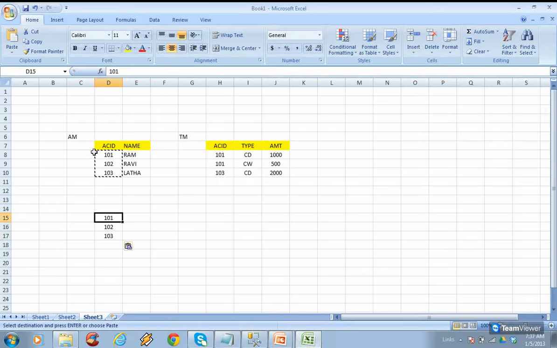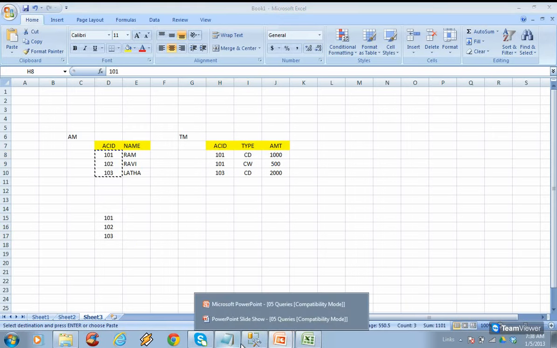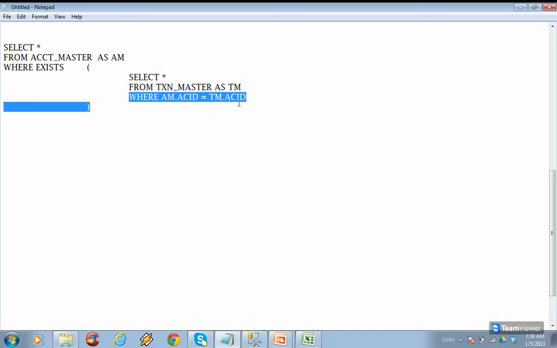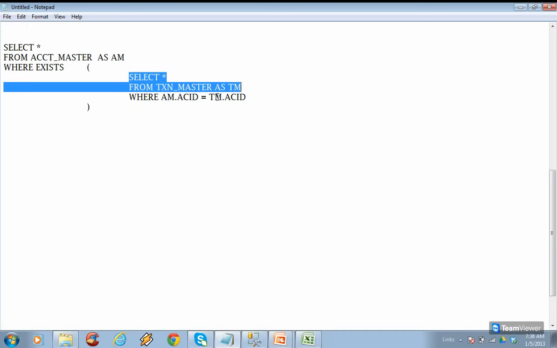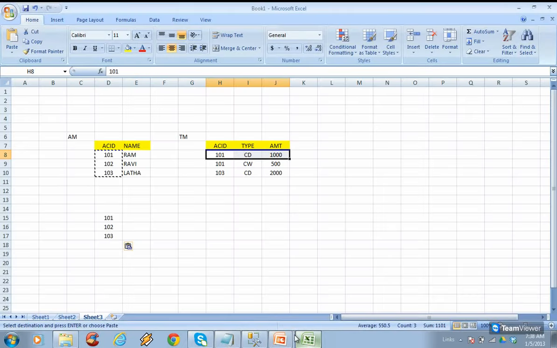That means it will send 101 to here and check. Yes, I have a row. If I have a row, then select star from the same table gives me a row, and automatically the exists function will become true. If the exists function becomes true, I am getting 101. Then I'll send 102.